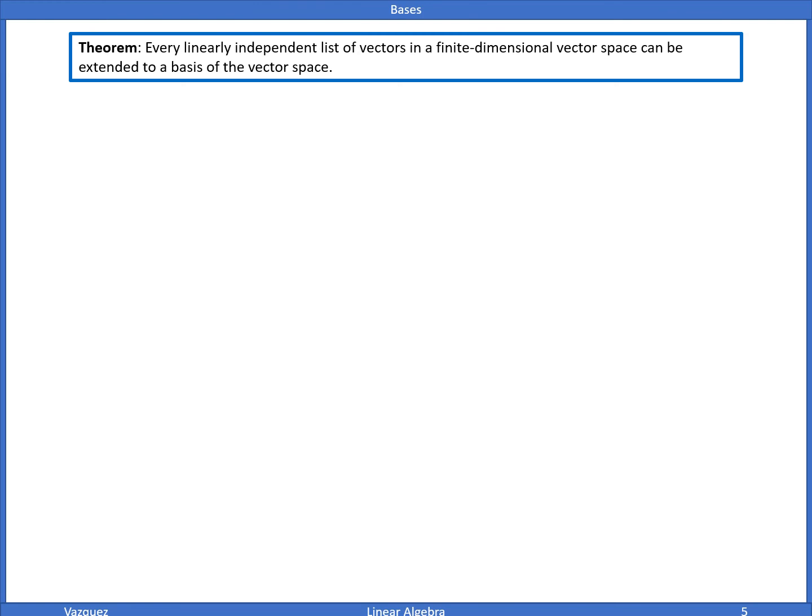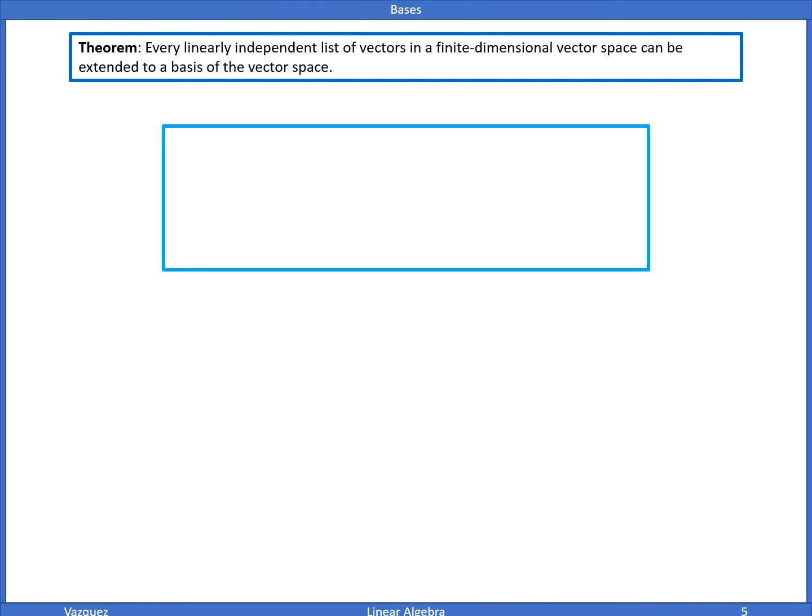We're going to go ahead and prove this. It's a pretty short proof. We're going to suppose that u1 through um is linearly independent in a finite dimensional vector space V. Right, so we're going to let w1 through wn be a basis of V. So u1 through um is just linearly independent, but it's not necessarily a basis.